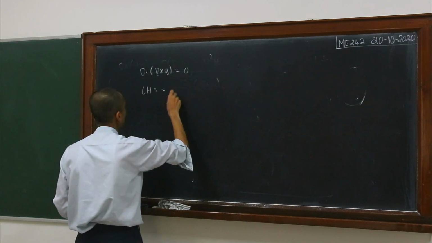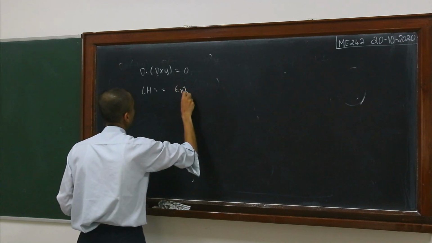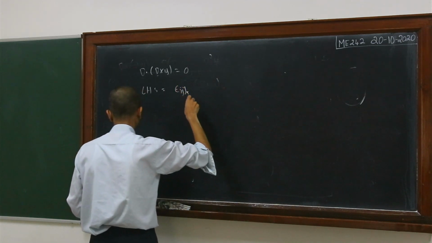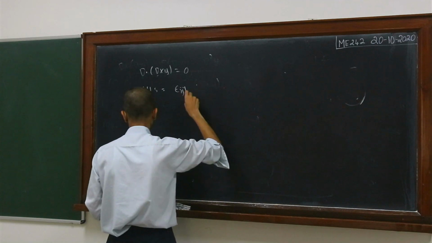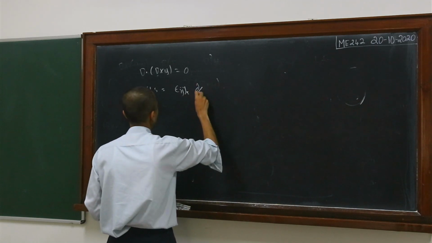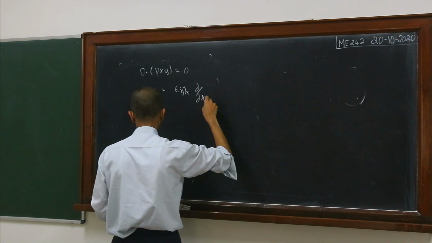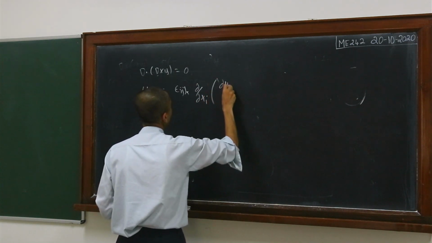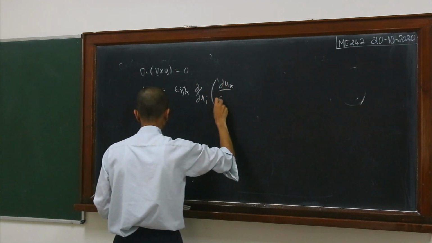So this is epsilon ijk times del by del xi of del uk by del xj.